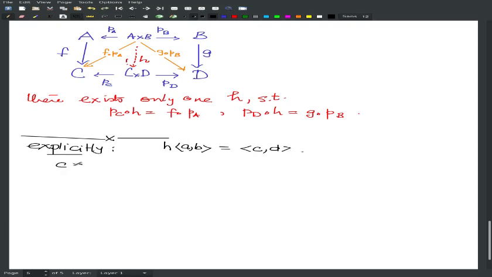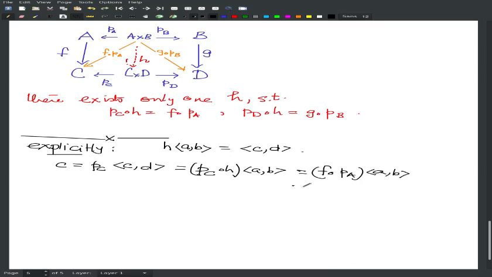So C is PC of CD, but this is PC of H of AB. But from this equation, this is F composed PA of AB. So this is FA.